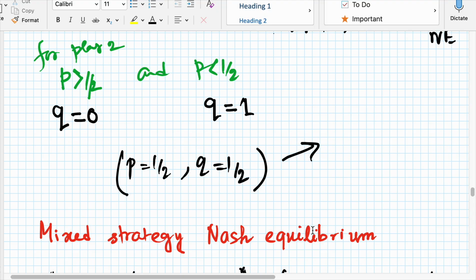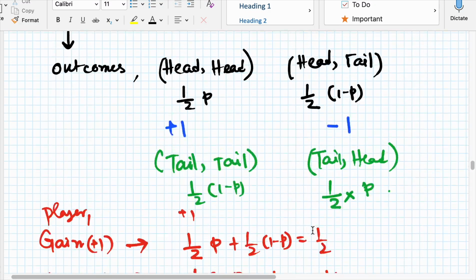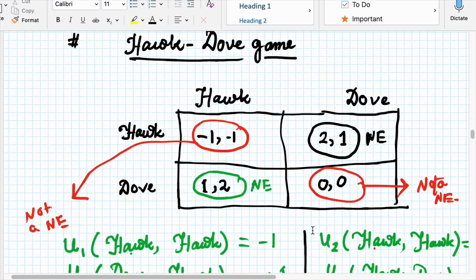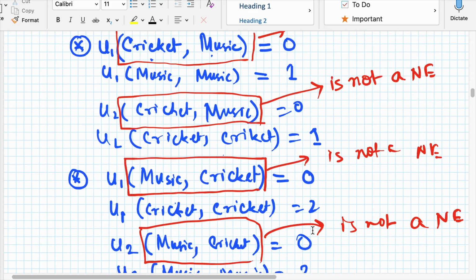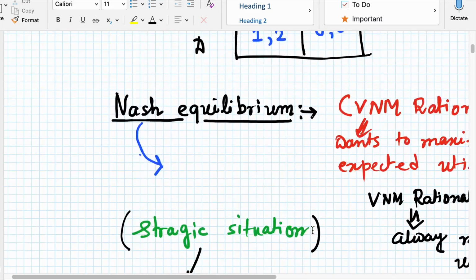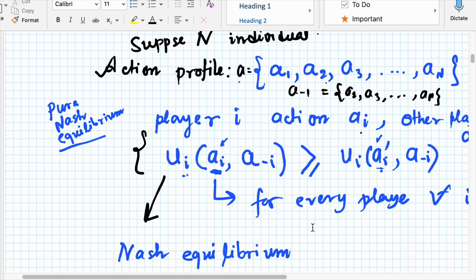Particularly in the case of mixed Nash equilibrium, we have seen a property that a mixed Nash equilibrium is always a non-strict Nash equilibrium. That means equality holds in this case. If I go back to the Nash equilibrium definition, here an equality sign is there.